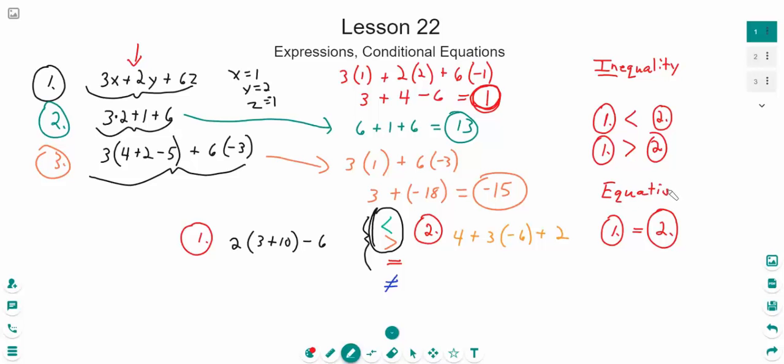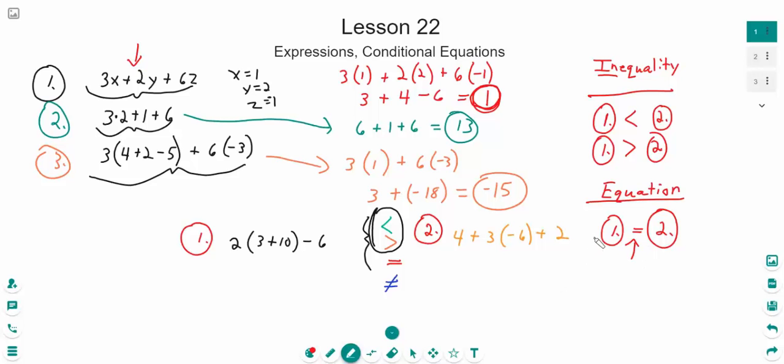An equation. So these signs would indicate inequalities. The equal sign indicates an equation. And you almost see the word equal in equation. All that means, again, is that there is an equal sign. They are equal to each other.